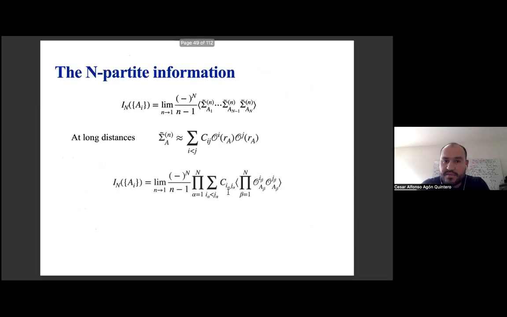Okay, so let me go back to the general formula. I already basically presented the main results, but now I would also like to give some details of the computations that we have to do to get those results. To summarize, the thing that we are computing is just a correlator of n twist operators, something like this, in the limit when n goes to 1. So we have to take this limit.